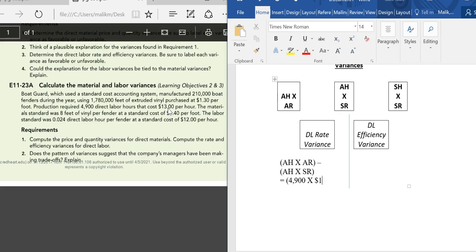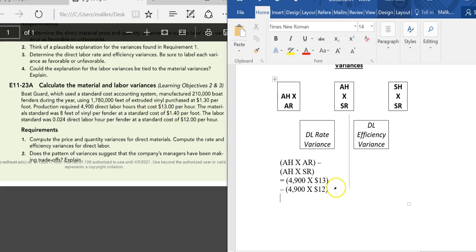So the actual rate is $13. Now we will use the actual hours, which we just found, 4,900, but we're gonna use the standard rate, and it is also mentioned that the labor hour standard cost is $12. So we're gonna use this standard rate.